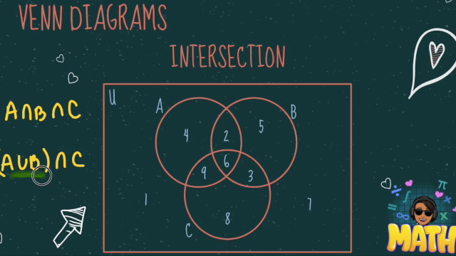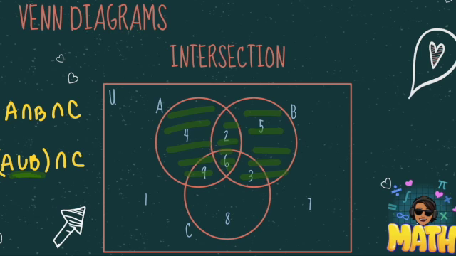Remember that it's all that belong to A, or all that belong to B, or all that belong to both of them, right? So that is A united B.